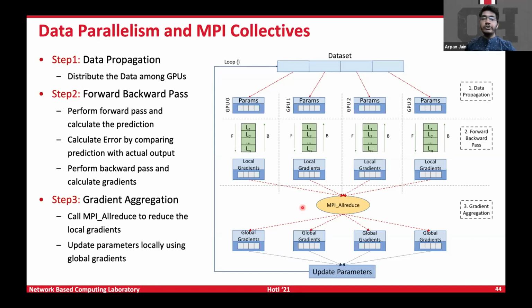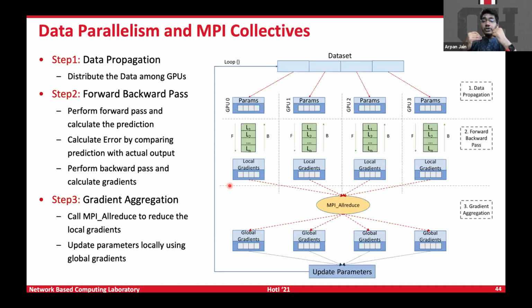Yes, that's a very good question. This is just the figure, where we are showing the computation to be very small, but in reality, doing the forward and backward pass will take a lot of time. And when it comes to the communication, we are not going to do first computation and then the communication. We are going to overlap the communication with the computation so that we don't see those bottlenecks.